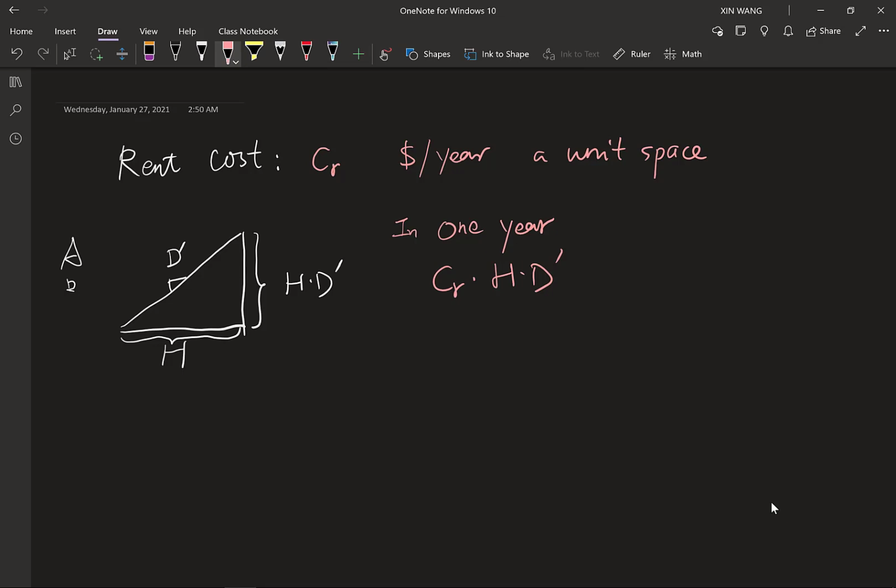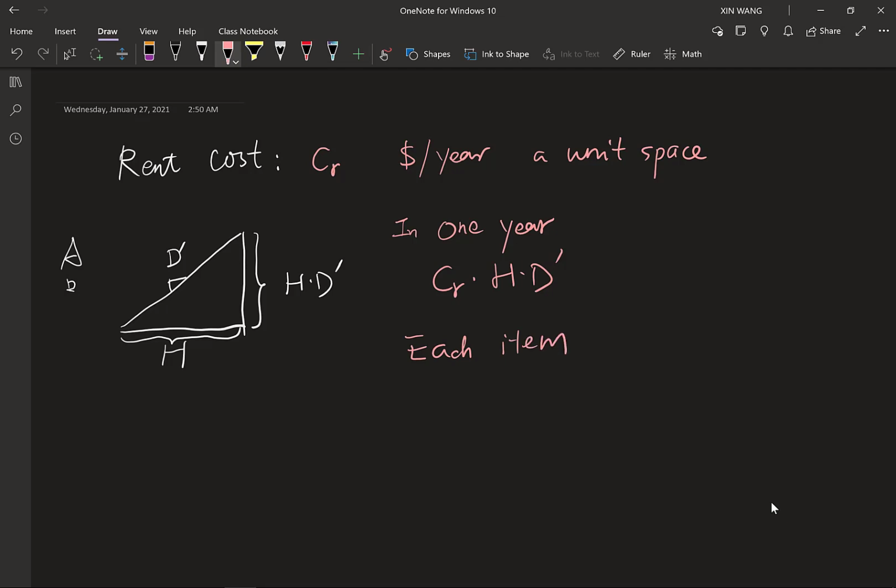And then you may want to calculate the prorated cost per item. You can see in these triangles, the production or demand rate D prime is also given over 1 year, right? So the consumption rate is also given by the items consumed per year.